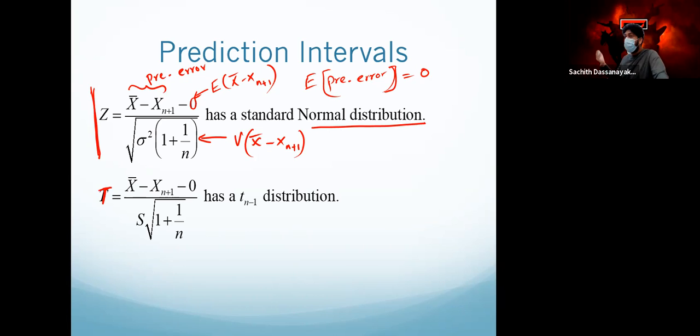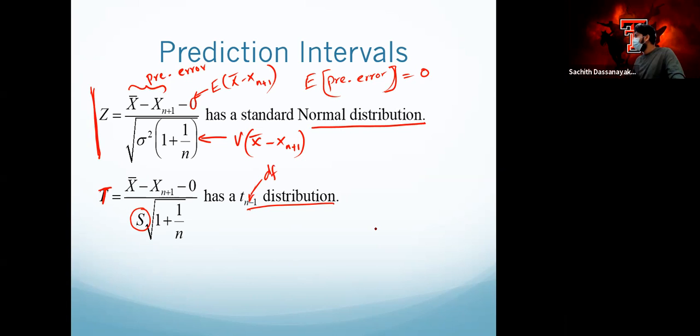It is unknown, so that's why s comes into play here. You can keep it inside the square root or take it out. So you have a t distribution with n minus 1 as the degrees of freedom.